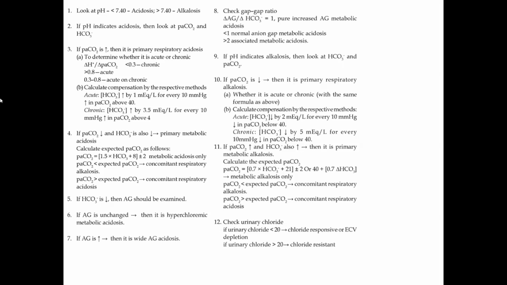Before that, if a FiO2 is given, please check the AA gradient. So this is about the respiratory part. If it is a metabolic part, even if there is a compensatory metabolic acidosis, and if they have given you the electrolytes, please check the anion gap.